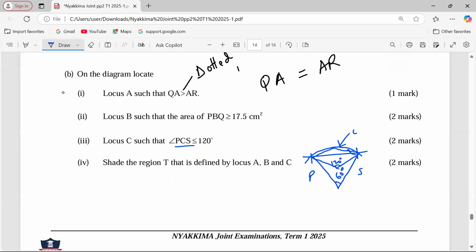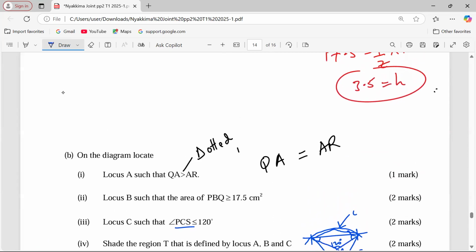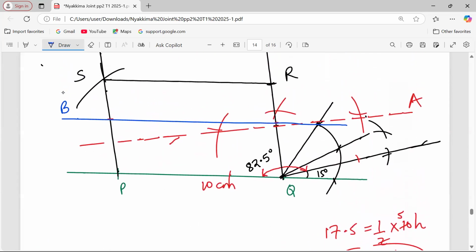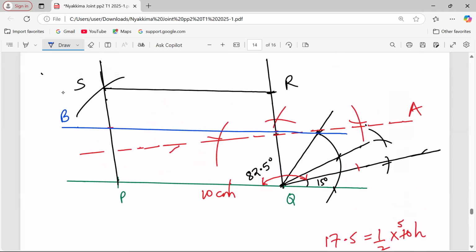And for us to subtend 120 at the center, we should have base angles equivalent to 30. So we are going to use PS as the chord, and we need base angles equivalent to 30. So we need to construct 60 first.